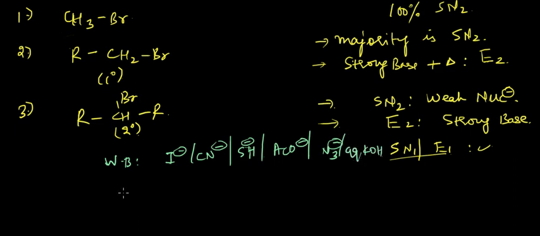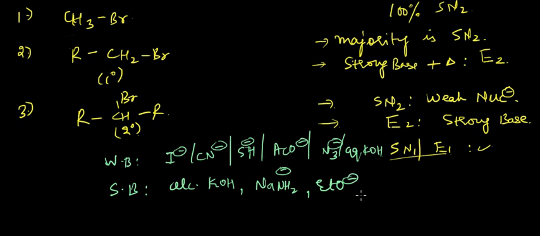And let's talk about the strong bases. Strong bases are those whose counterparts are weak acids. So we have alcoholic KOH, NaNH2, then EtO minus, this compound, or NH minus, also R2N minus.